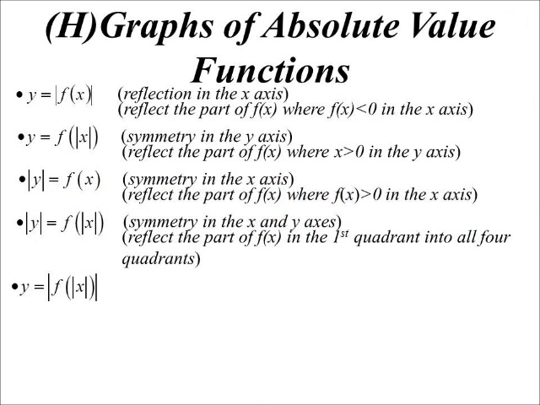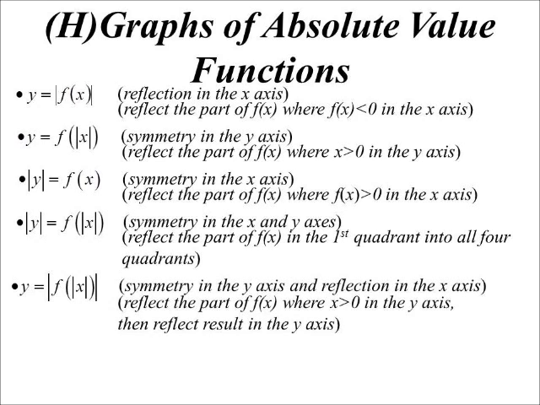Okay, the absolute value of function absolute value of x. Symmetry in the y-axis, reflection in the x-axis. That part again, where it's positive, because I can only substitute in positive numbers because I've got function absolute value of x.